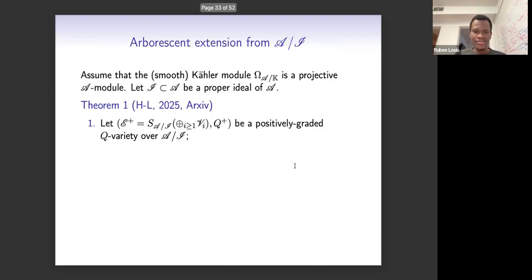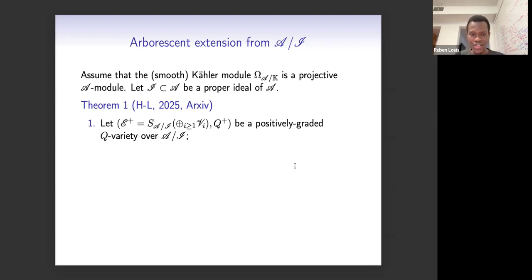So let me state the main result of our paper. Assume we have what we need: the Kähler module of differentials on A is a projective A module. We use this assumption because we need to extend derivations, using projectivity of modules.